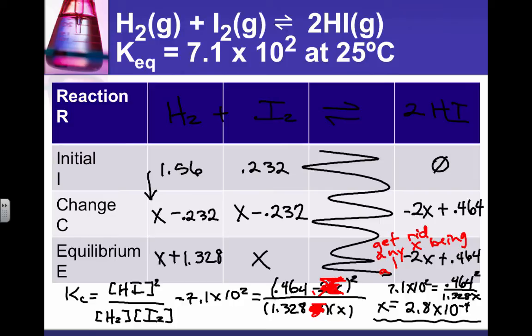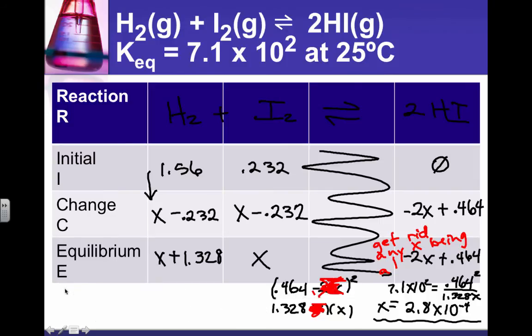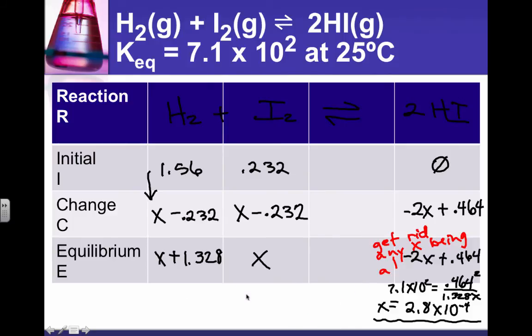So here's what I know. I know that the concentration of iodine is equal to X at equilibrium because that was our starting place from the very get-go. So the concentration of iodine is 2.8 times 10 to the minus 4 molar.